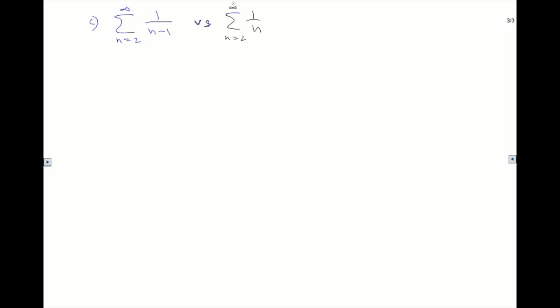And then now what's going to happen? For 1 over n minus 1, we know that when you subtract something from the denominator, it gets larger.